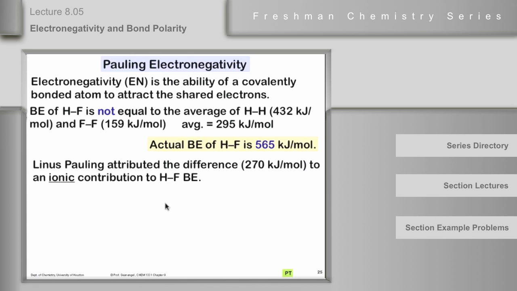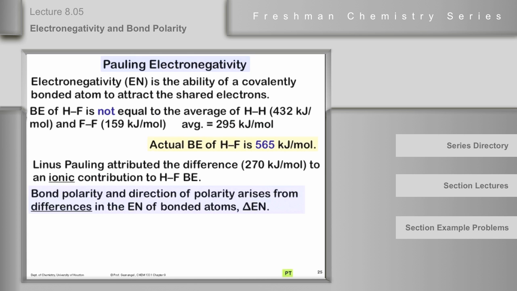Well, it's drawn towards the fluorine. You probably are aware of that. And to whatever extent that happens, the bond is said to be polar. Polar bond, meaning that instead of having a very smooth and even distribution of electron density, there are more electrons spending time over one of the atoms and less over the other.